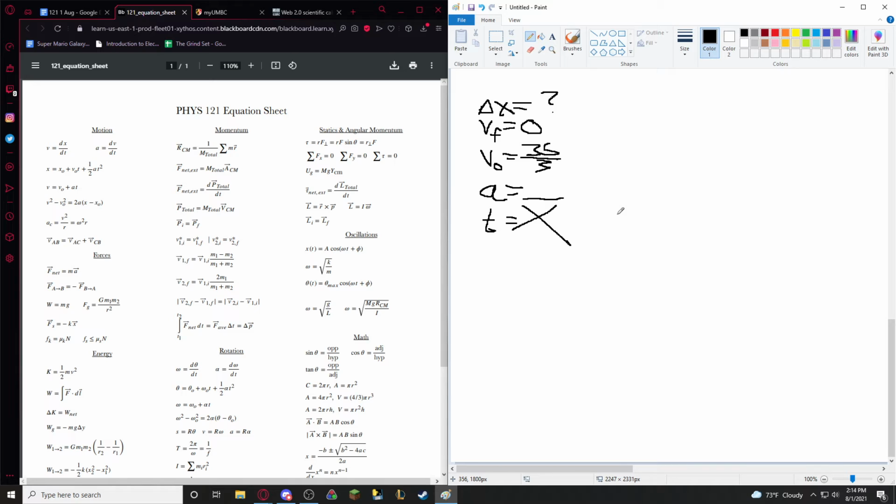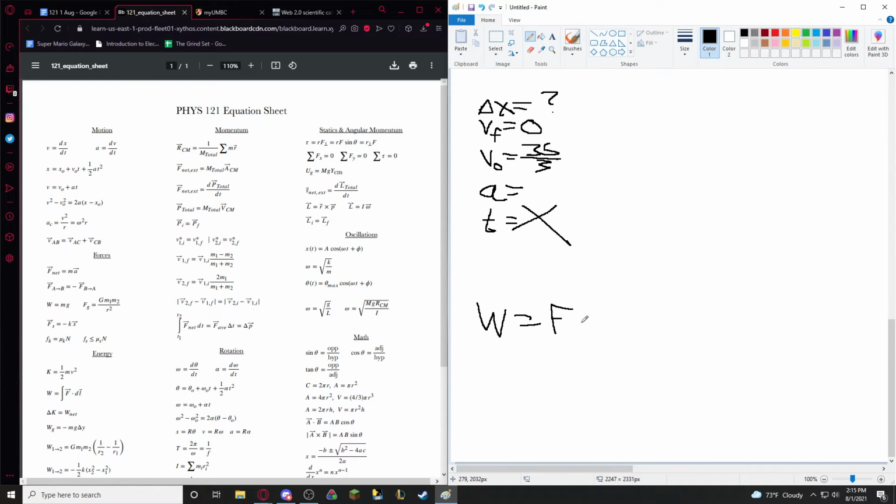Yes, so what is it? F equals mass times acceleration. F net. And since you do kinetic energy, you could use work net, since work net equals the change in kinetic energy. And work equals force times distance. Exactly.